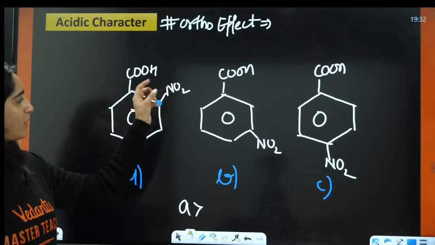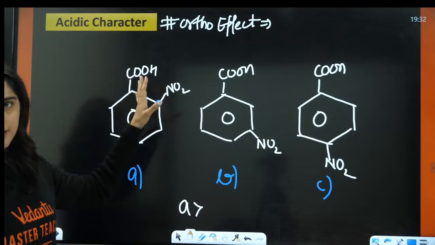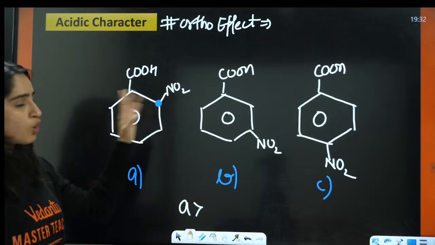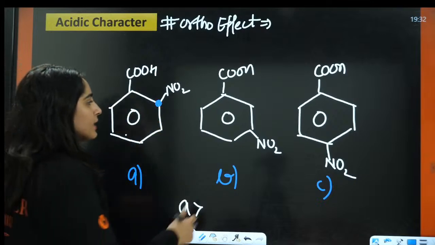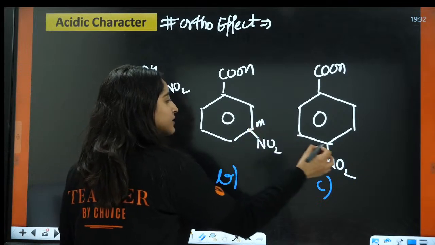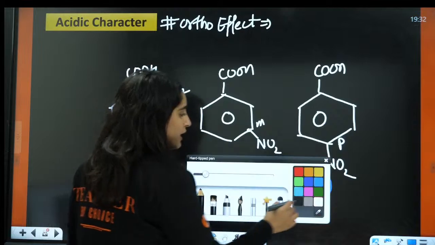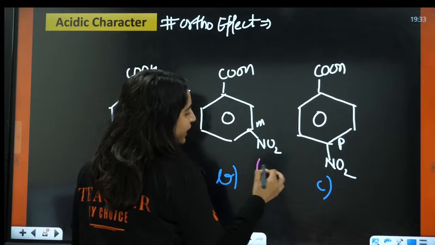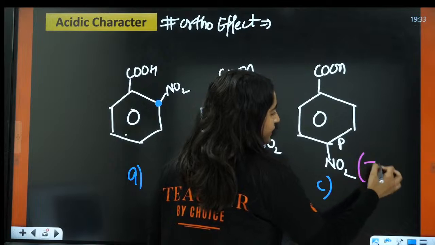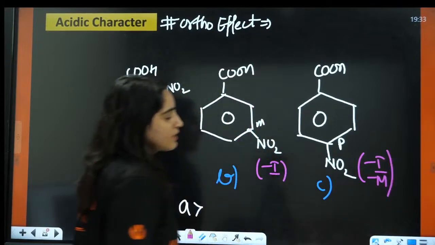We have not looked at the plus I or minus I effect. I just wrote that this is on the ortho position, so it is more stable, right? This is on the meta position and this is on the para position. Now let us understand. Because of meta it is minus I and because of para it is minus I and minus I, right?